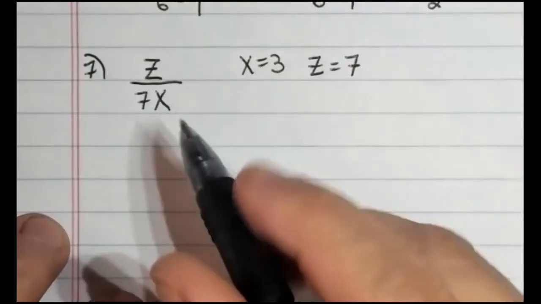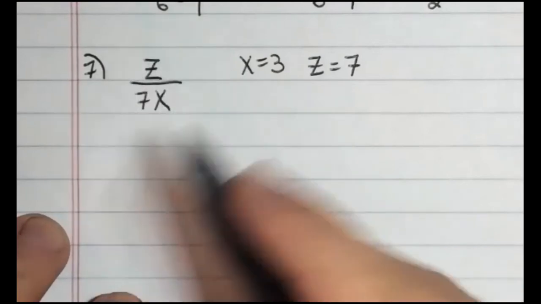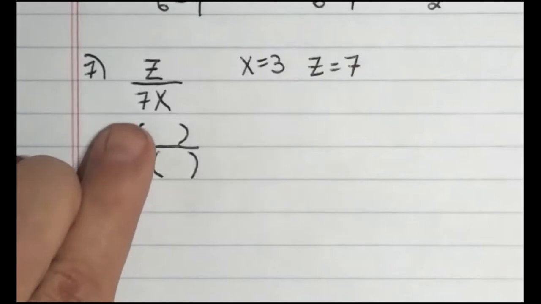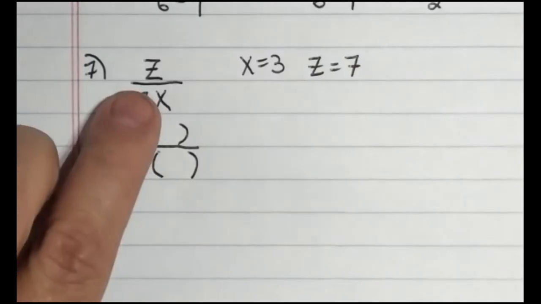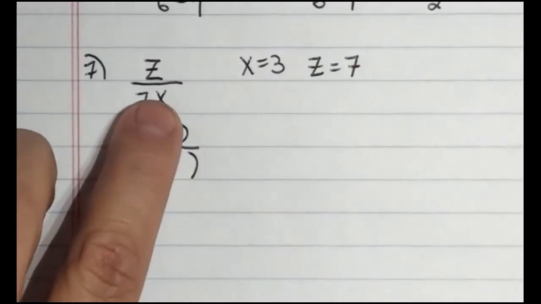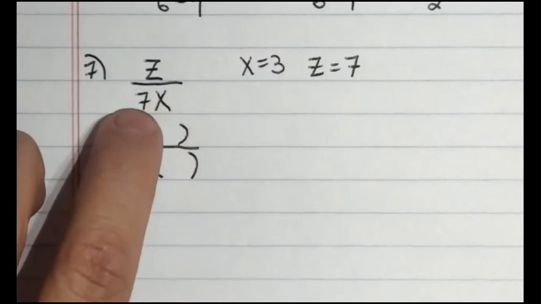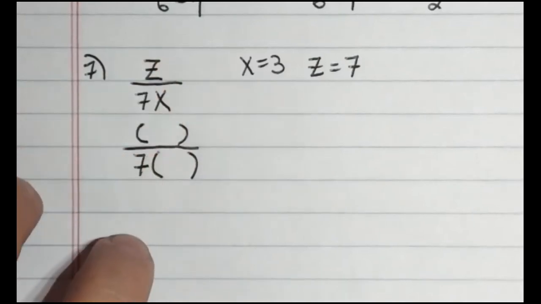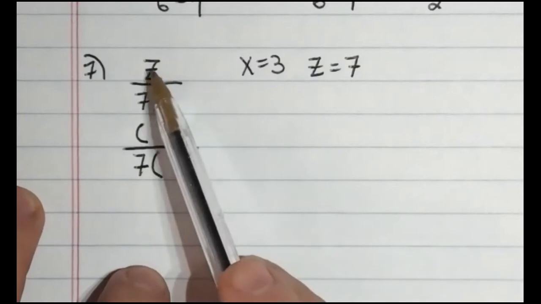And the way I always do this is I'm going to take this original problem, and everywhere there's a variable, I'm just going to write a parentheses. So the only number was the 7, because it was 7x. And again, what that means is 7 times x. Okay, and then you had your z. Now I'm going to plug in my values. What was z equal to?